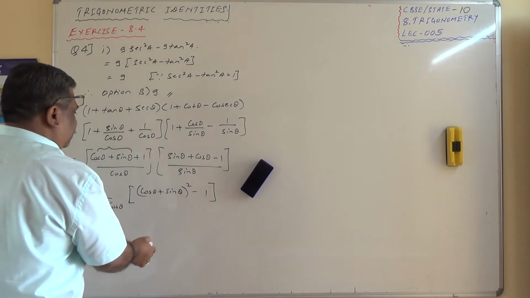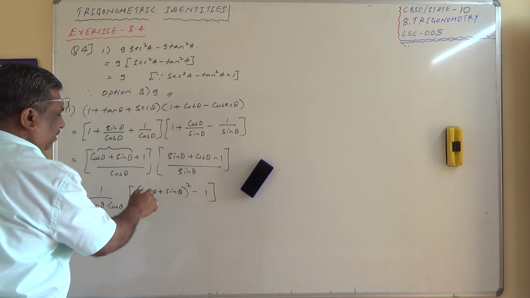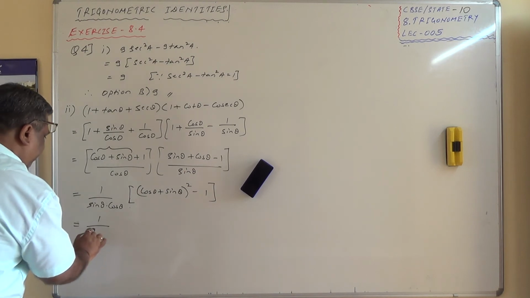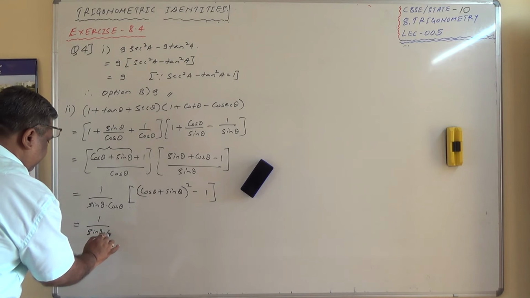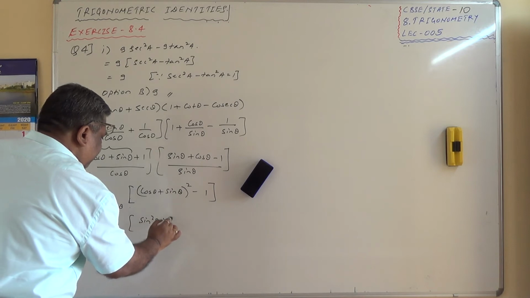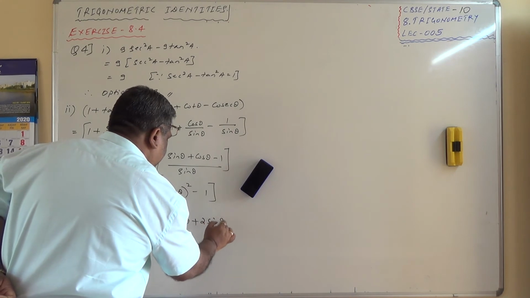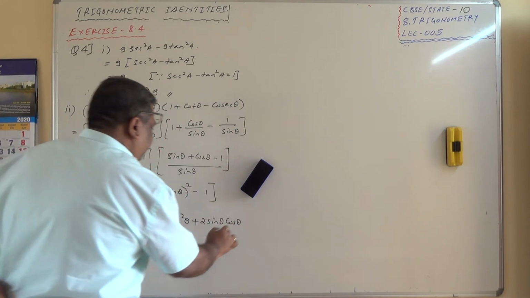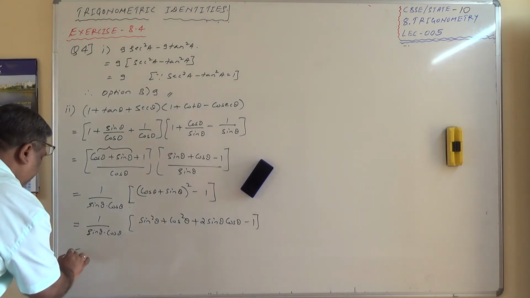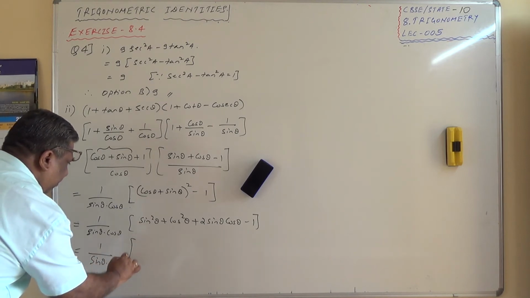Okay, so minus 1, cos theta plus sin. Okay, let's see. 1 divided by sin theta into cos theta. Expand this one. Sin square theta plus cos square theta plus 2 sin theta cos theta minus 1 equals, into bracket.